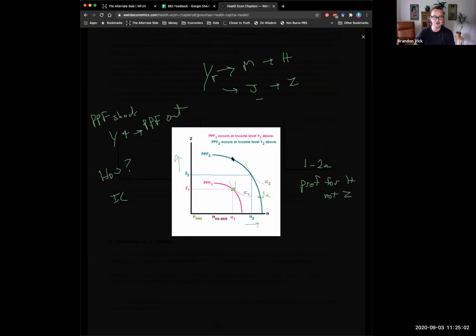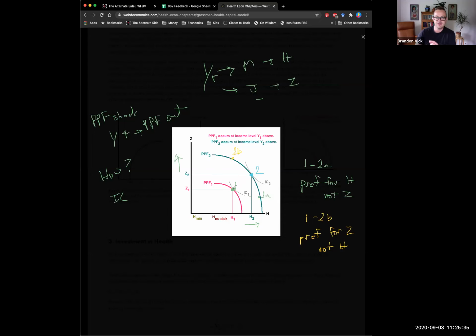I could also move from 1 to 2B. 1 to 2B after the shock and I have more income means I have preferences for Z, but not H. So that's the person who's going to spend a little bit more on the other way.